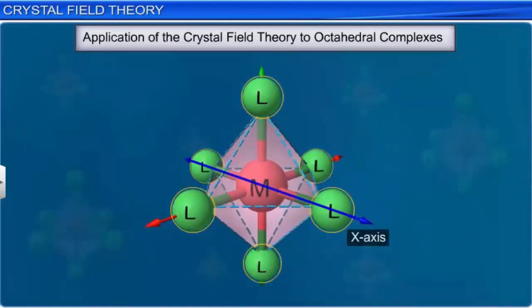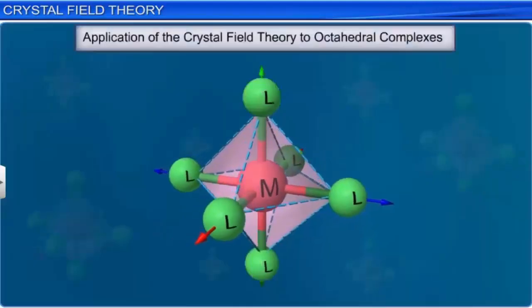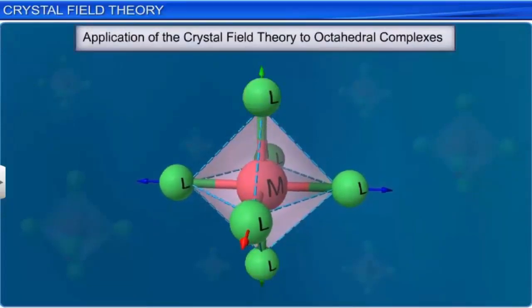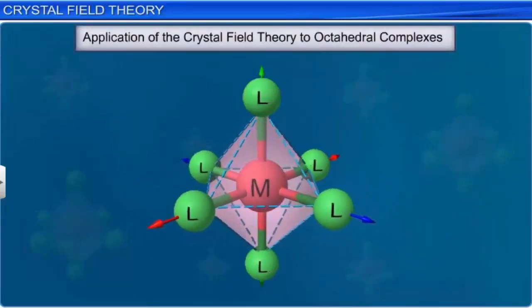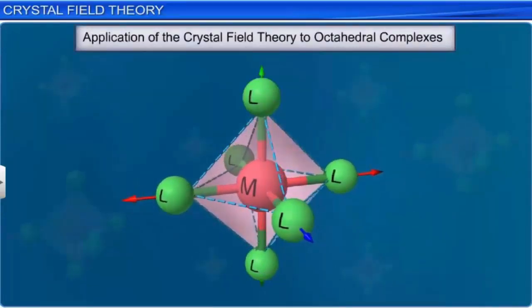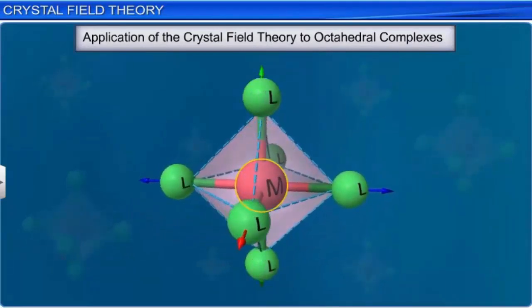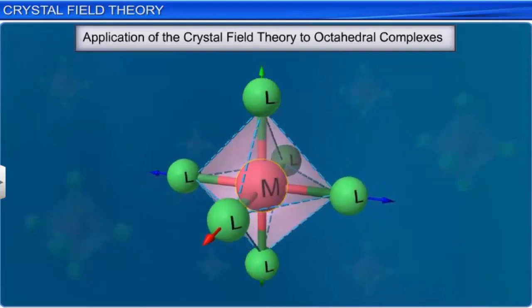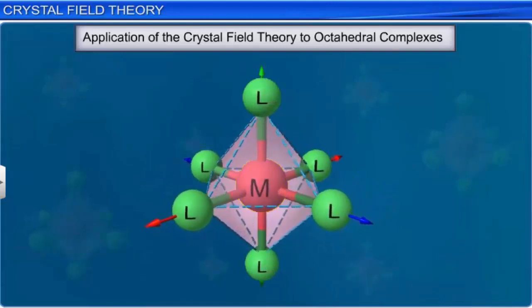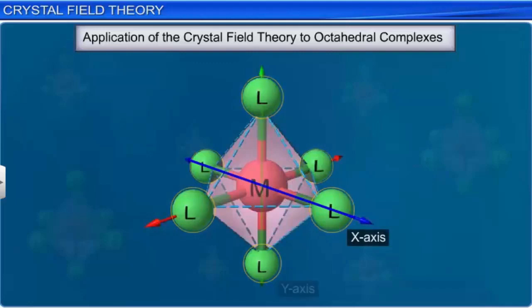The bond directions mean along minus x-axis, plus x-axis, plus y-axis, minus y-axis, plus z-axis, minus z-axis. The metal is located at the center of the complex. The ligands approach along the x-axis, minus x-axis, y-axis, minus y-axis, z-axis and minus z-axis.